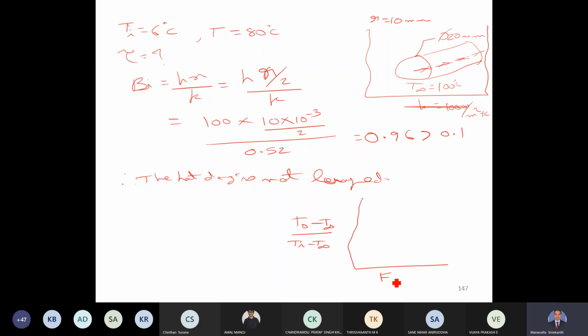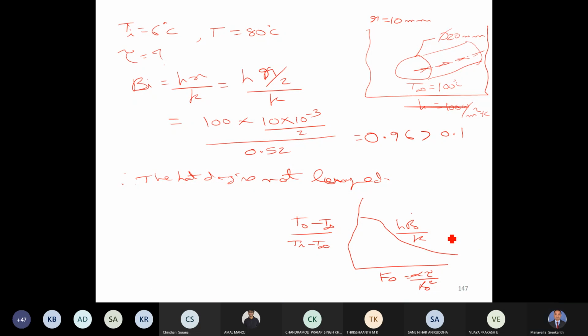Fourier number is alpha tau by R naught squared. R naught is R outer. The capital R is used in the data book, so that's what I'm using. And the parameter is h r naught by k.